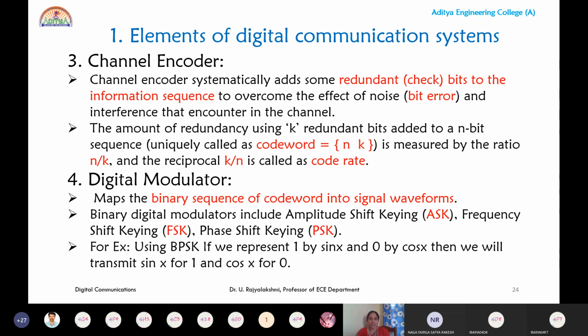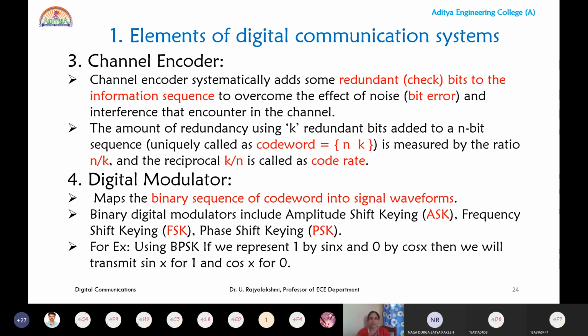There are 0 and 1 levels, so if you want to change the phase from 0 to 1 or from 1 to 0, there will be a change of 90 degrees. So if you represent 1 with sine, then you need to represent 0 by a cosine signal. So what you are doing is rewriting 1 and 0 by sinusoidal and cosine waveforms.